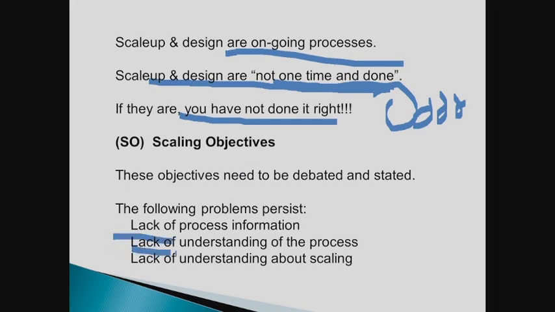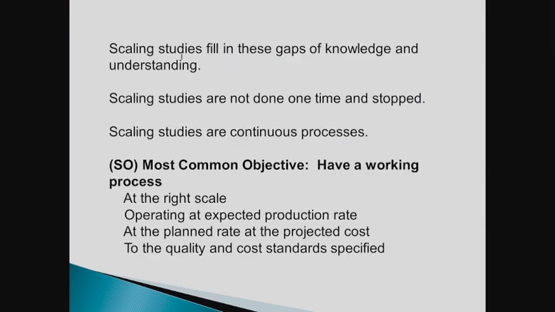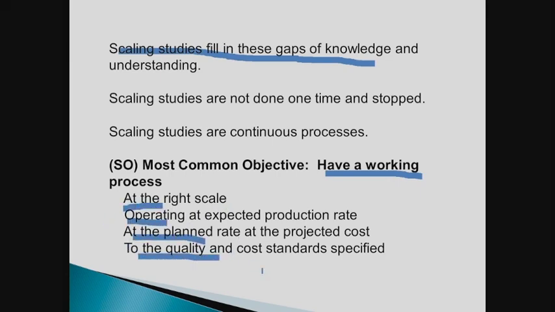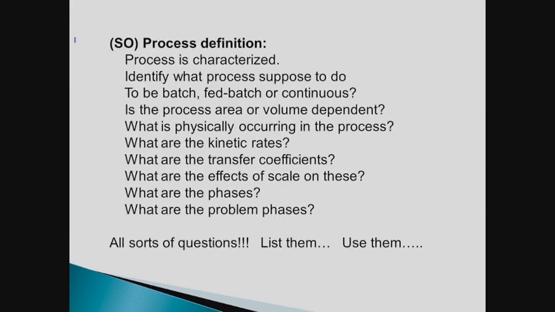Again, we already said this. Lack of information, lack of understanding about scaling. Studies should fill these gaps. Have a working process at the right scale, expecting the production rate, plant rate, cost, quality, and cost restraints.